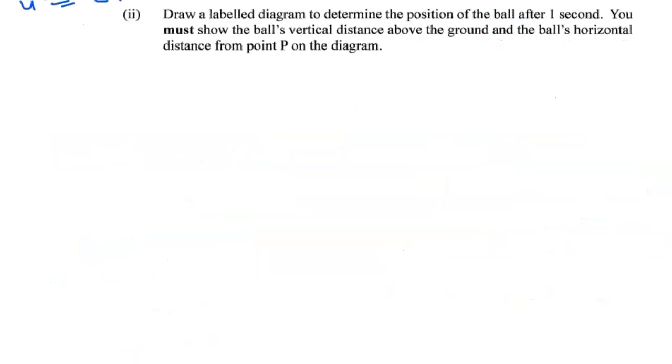Next, we are asked to draw a labelled diagram to determine the position of the ball after 1 second. Notice the ball is hit, so we have two components, the vertical component and the horizontal component. Let's do the horizontal component first.